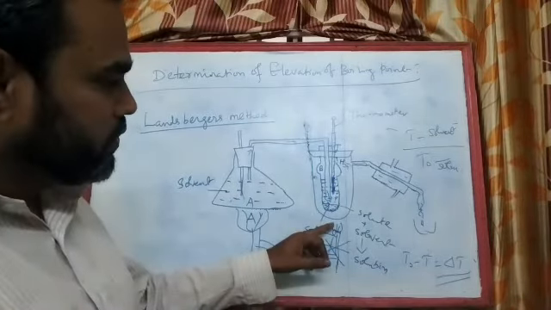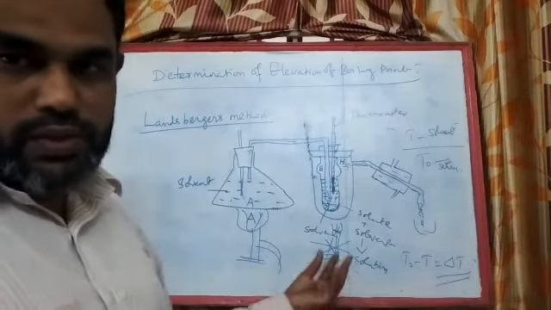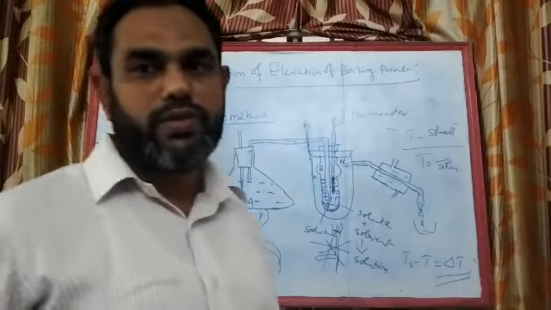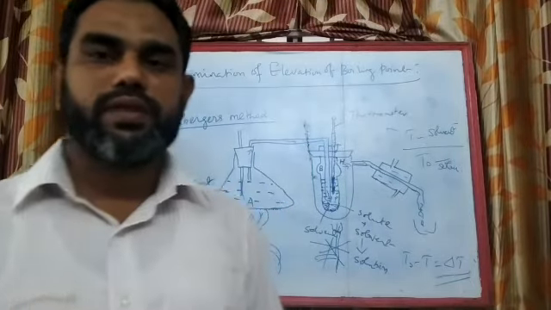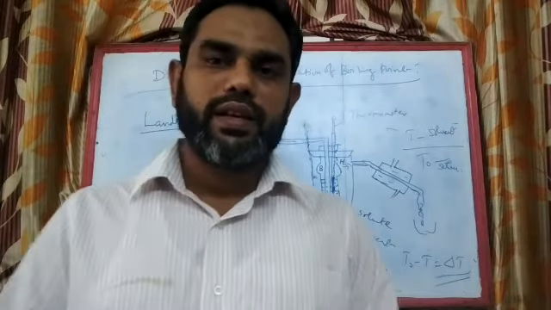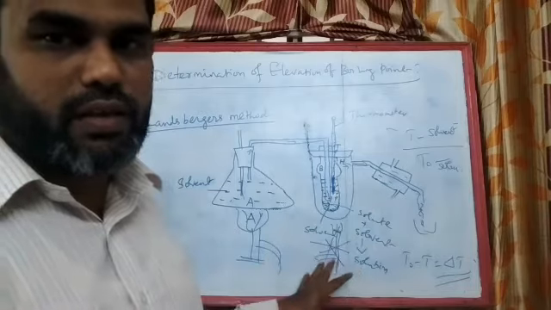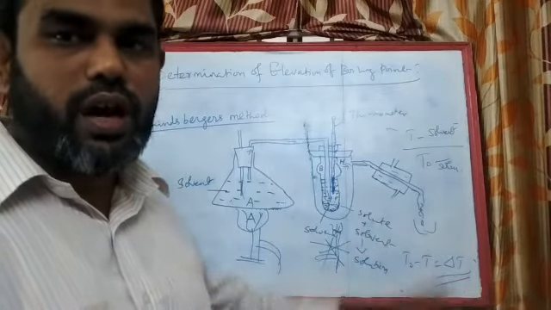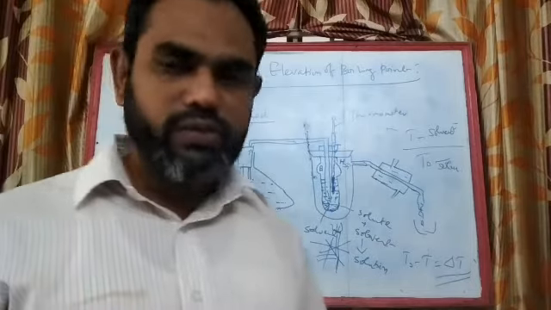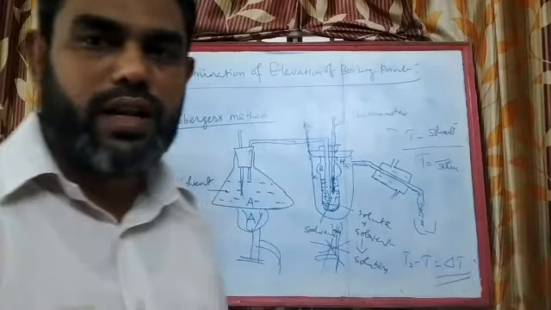So the temperature of the tubes and glasswares will also be taken into account, so the method becomes inaccurate. So only to avoid the superheating, we prefer heating the solvent, sending the heated solvent to heat up the solution or solvent once again. So this is Landsberger's method of determination of elevation of boiling point.